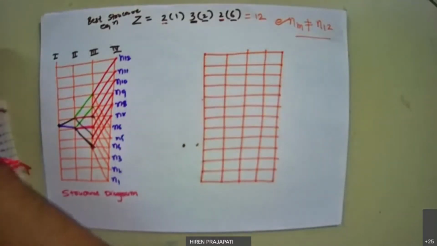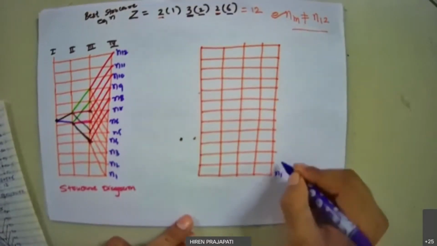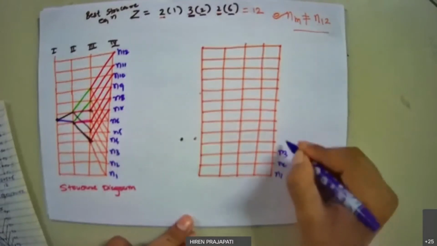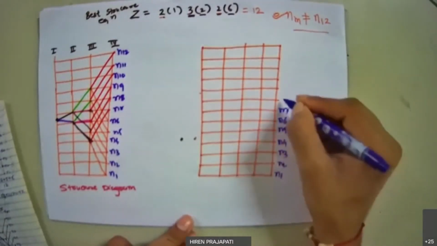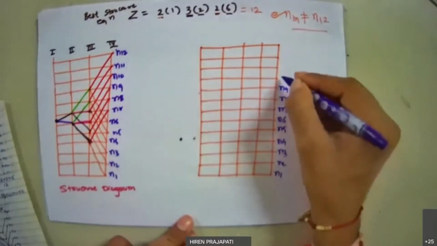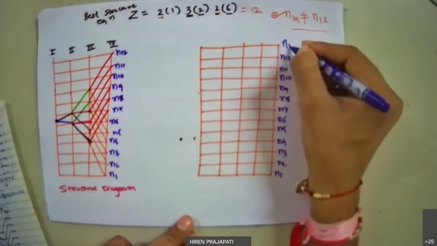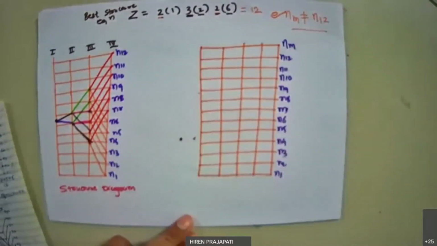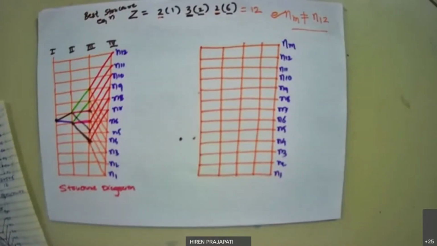So now I mention speeds on the last shaft: n1, 2, 3, 4, 5, 6, 7, 8, 9, 10, 11, 12, and finally nm, right? Done? Okay. Now I need to start with the last stage. In the last stage, the important thing is which criteria we are applying.